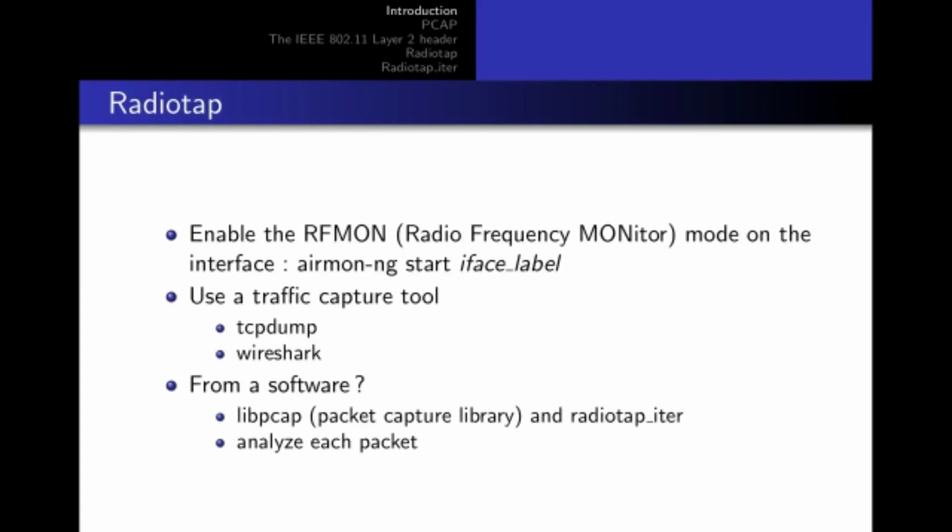But how do you do it from a software? It's quite simple. You can use libpcap, which is the packet capture library, and the iterator from the radiotap iterator library. Then you can analyze each packet, extract its relevant information for positioning, and use it in your system.